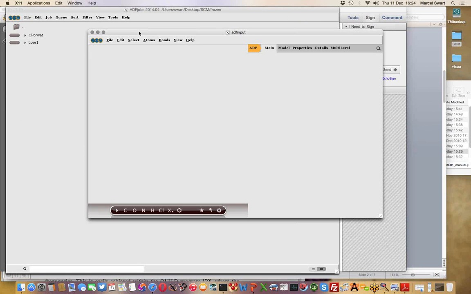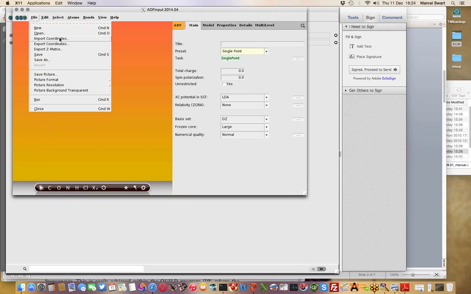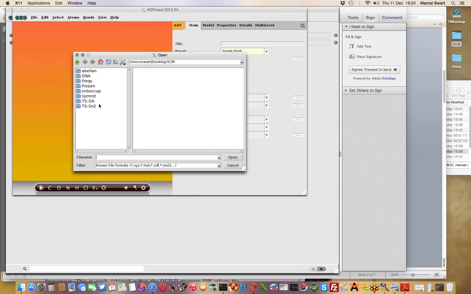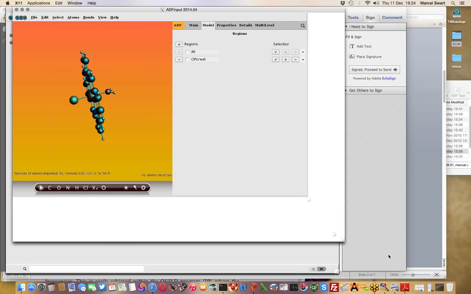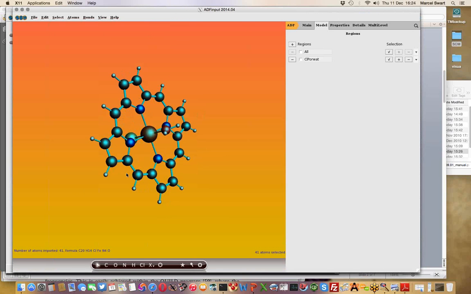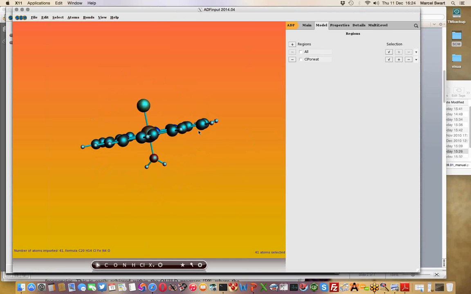For instance, if you want to compare different systems, you have some system like this: an iron porphyrin with a water molecule and a chlorine as axial ligands.